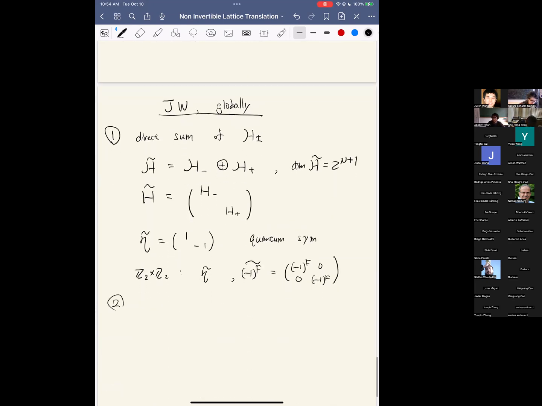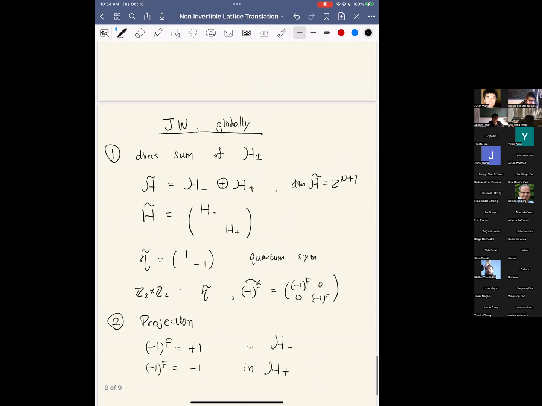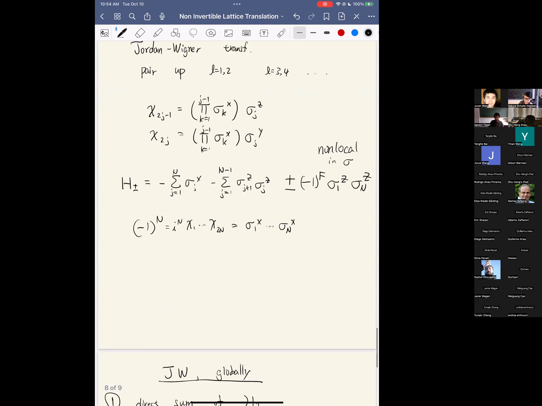In the second step, I'm going to do a projection. I'm going to project to -1 to the F equals +1 sector in H minus, and -1 to the F equals -1 sector in H plus. So why do I want to do that?